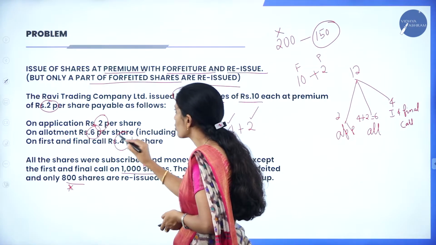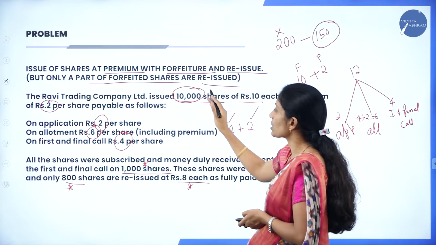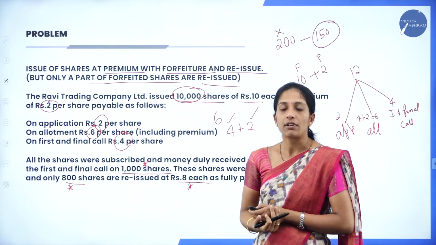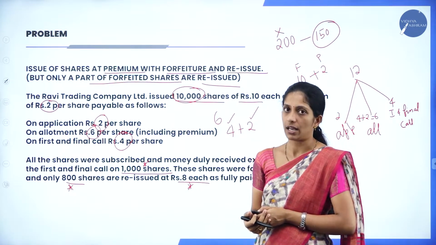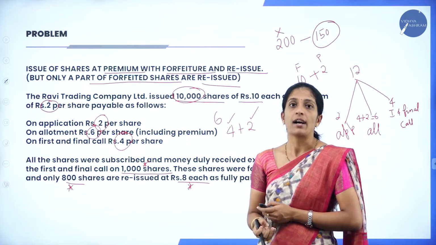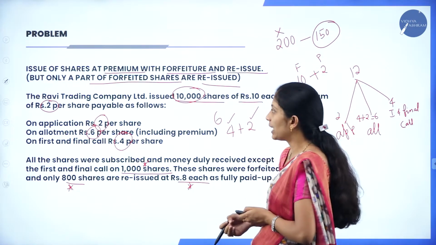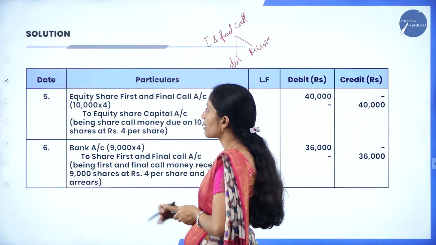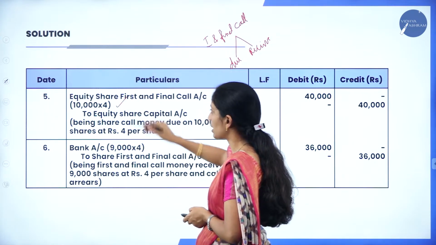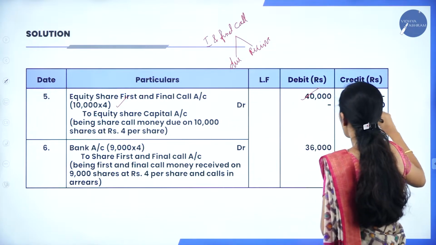That is 4. So 10,000 into 4, that is 40,000.